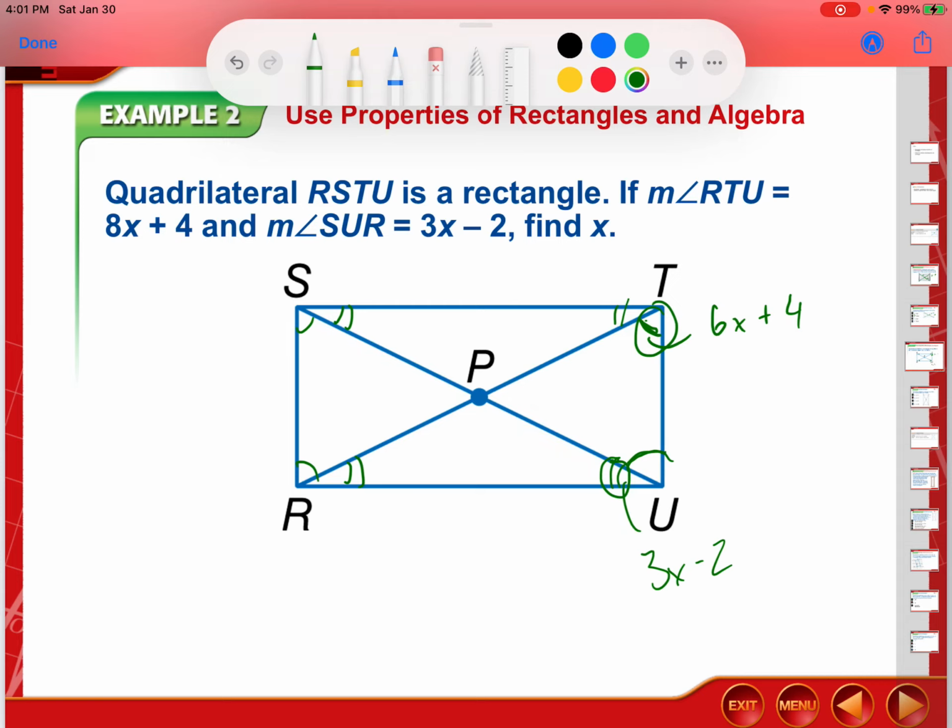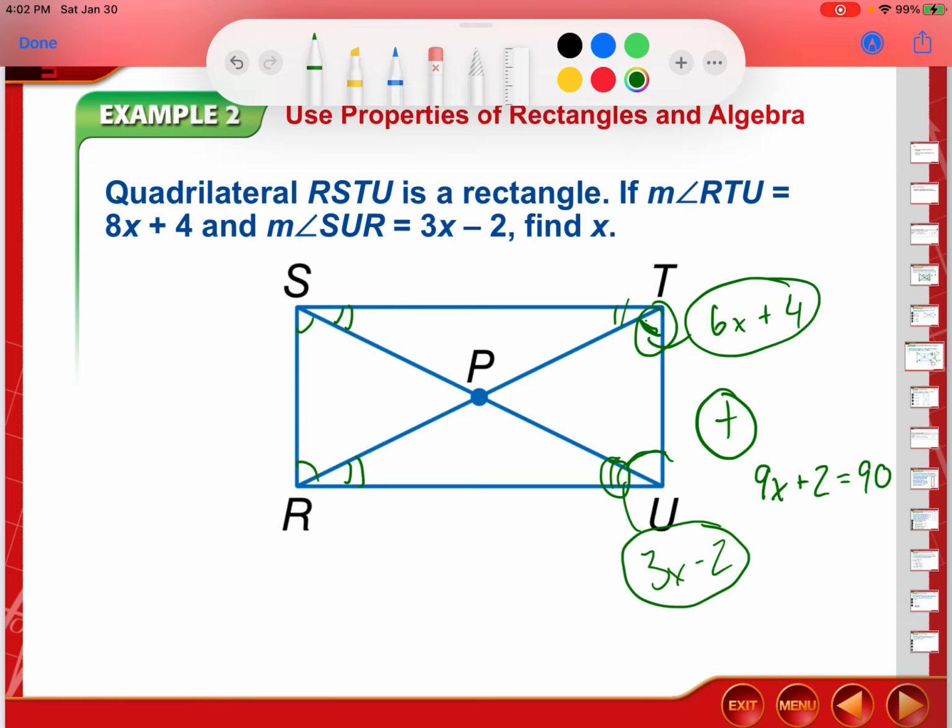So that being said, if we had 3x minus 2 plus 6x plus 4, if we add those together, we're going to end up with 9x plus 2 equals 90. Then we're going to solve this for x.